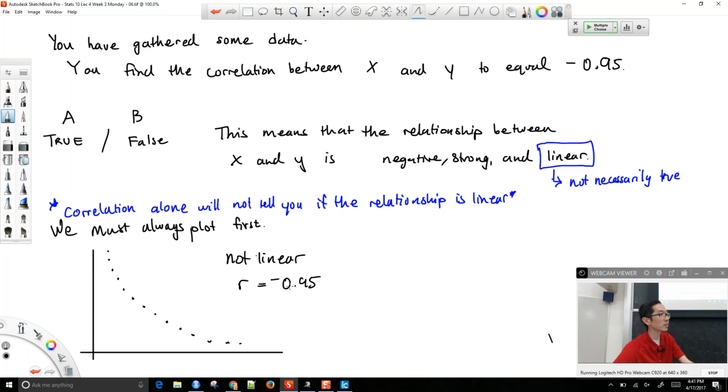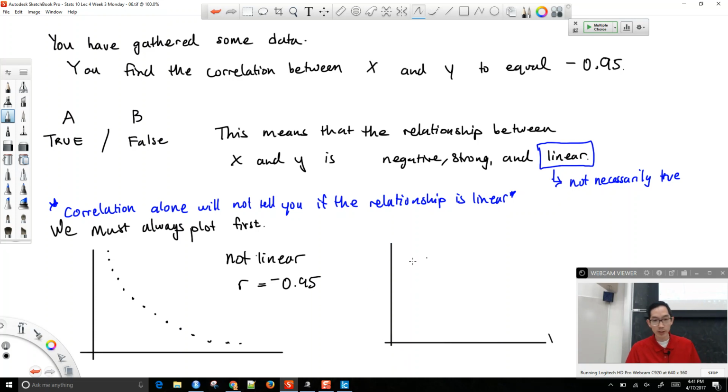But if it's negative 1 or 1, we can say it's linear? Yes. In the exception where R is equal to negative 1 or R is equal to 1 exactly, then you can say there's a linear relationship. But if R is 0.99, you still can't say it's linear. Only if R is exactly equal to 1 or negative 1. So this is not linear, so that doesn't work.